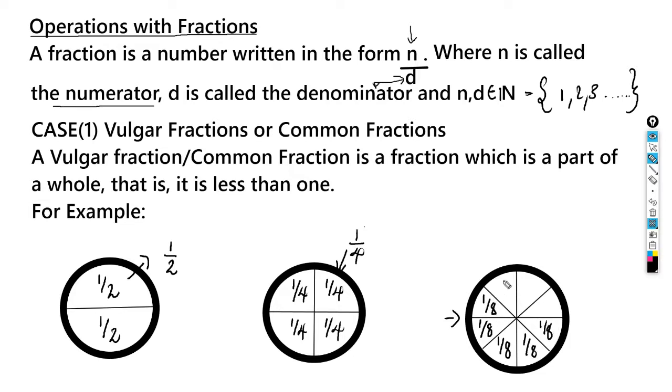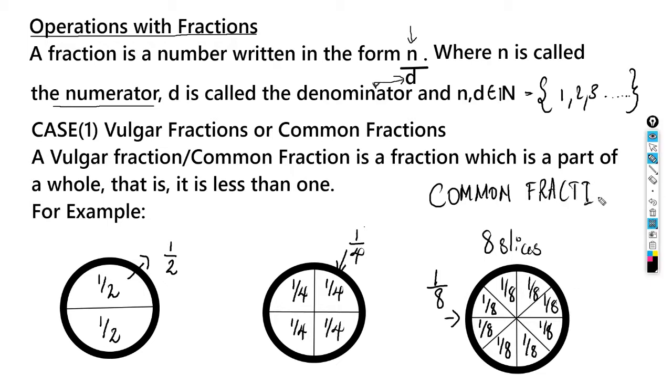There are 8 slices of pizza here, and one section of this circle is 1 over 8. So this is known as common fractions. Okay, guys, and we're going to be looking at some examples.